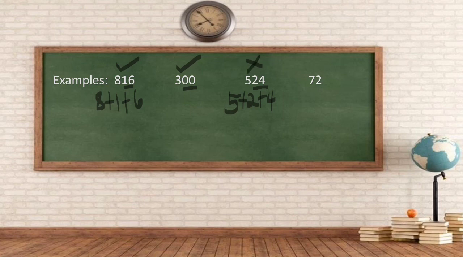How about 72? 7 plus 2 equals 9. So divisible by 3. Then 72 is divisible by 4. So this is divisible also by 12.